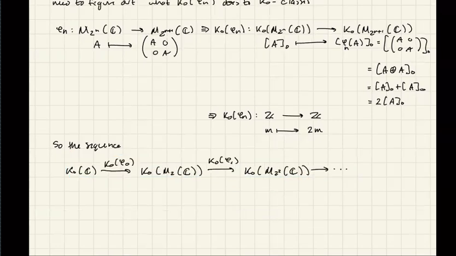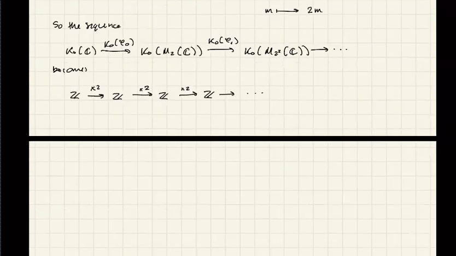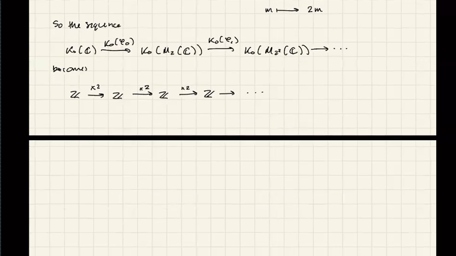This becomes integers, and then I'm multiplying by 2 for every single map. So the inductive limit here, remember, that's going to be our K0.